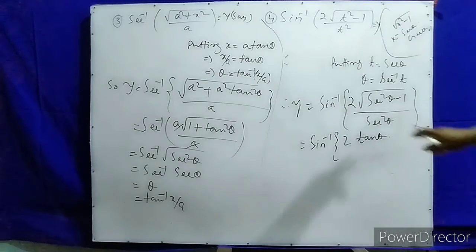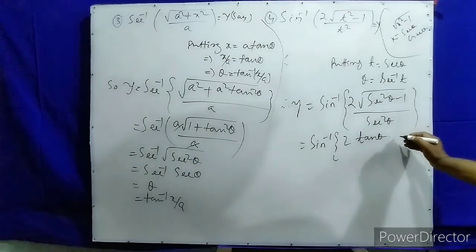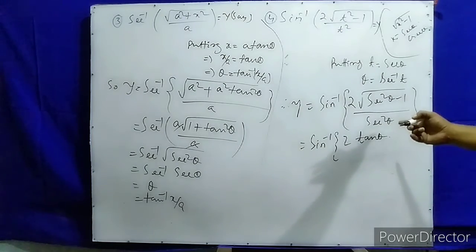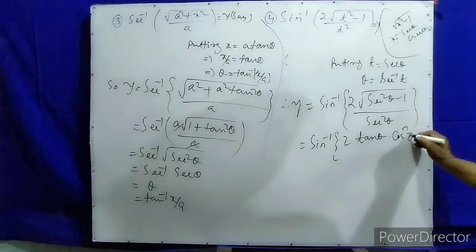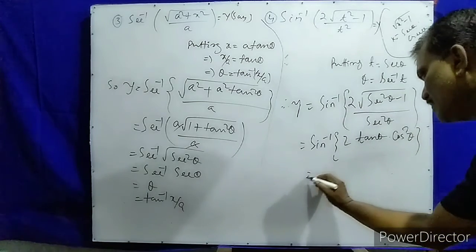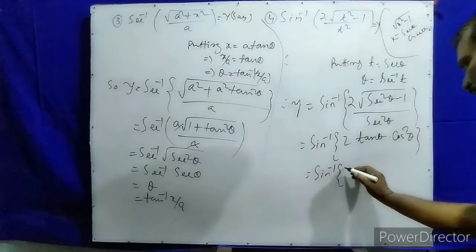Into 1 by sec square, which you write as cos square theta, because 1 by cos square equals sec square. Now again simplify: sin inverse 2 tan theta.